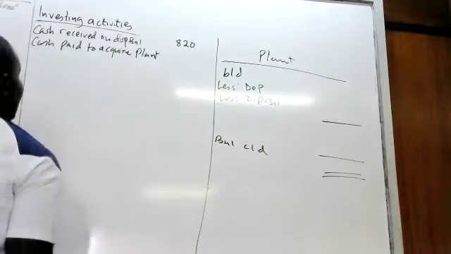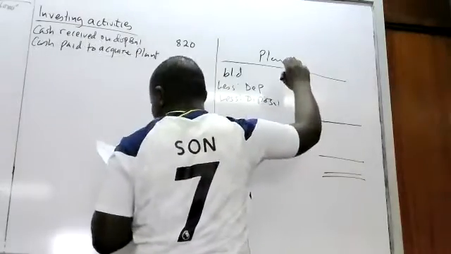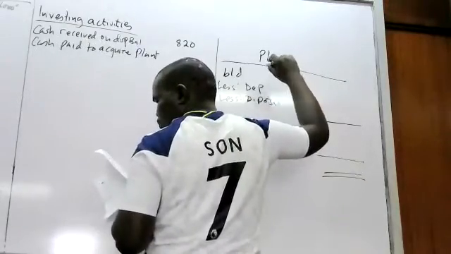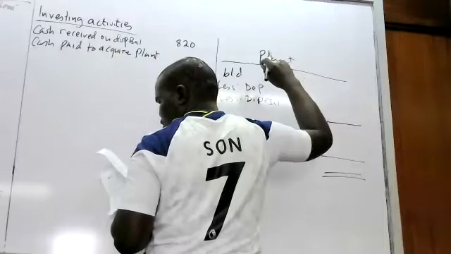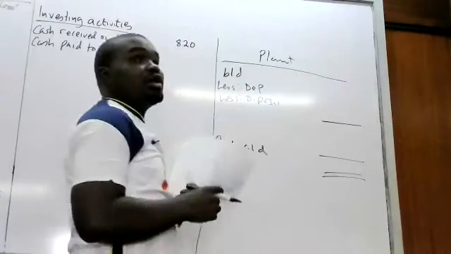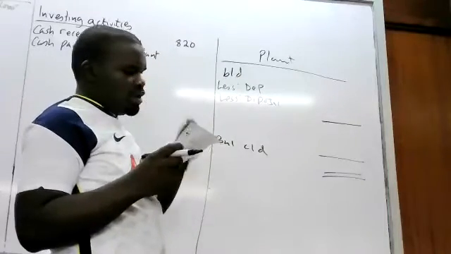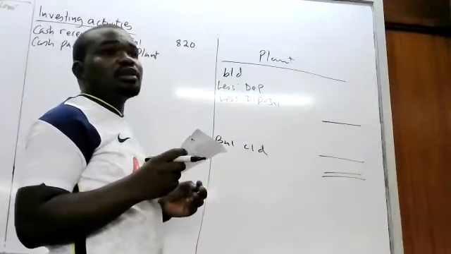So for cash paid to acquire plant, the balance brought down at the start was how much? You need to bring the net book value, not the cost. It is 39,040.